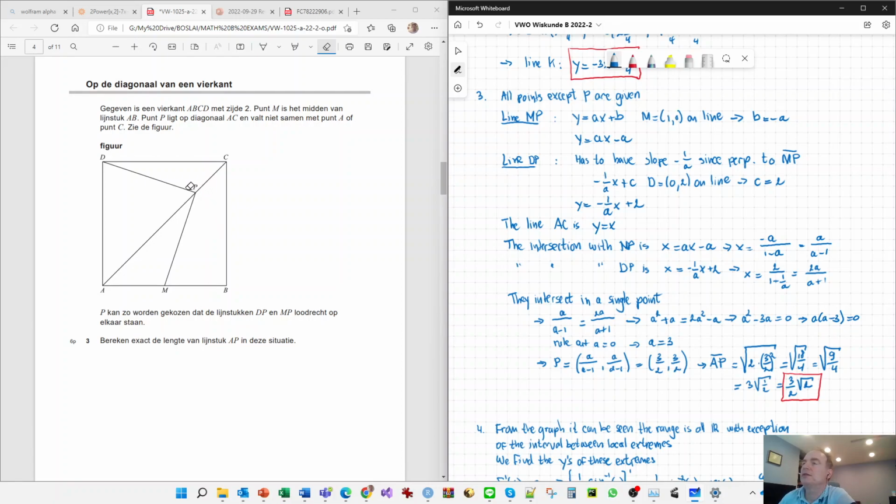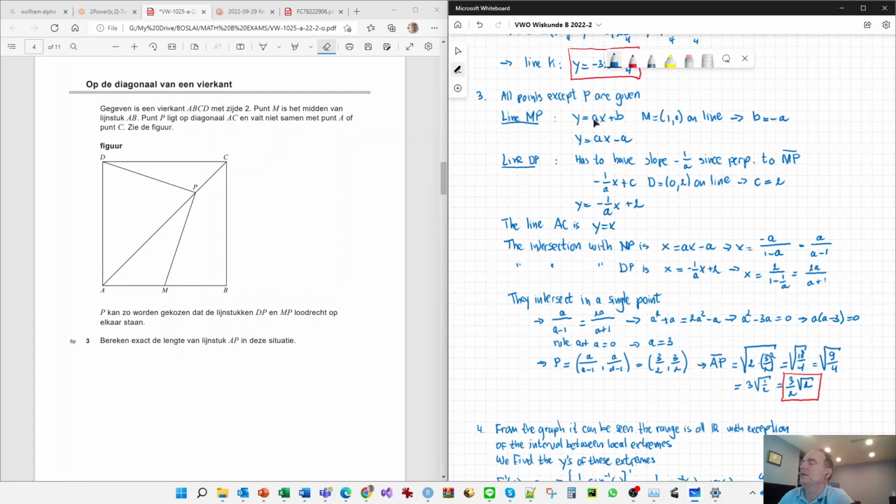So for this, possibly some geometry way is possible. But given that all the points except point P are known, we can just try to define the line MP and the line DP, and then make use of the fact that these slopes are related since they're perpendicular, and then see how it goes.